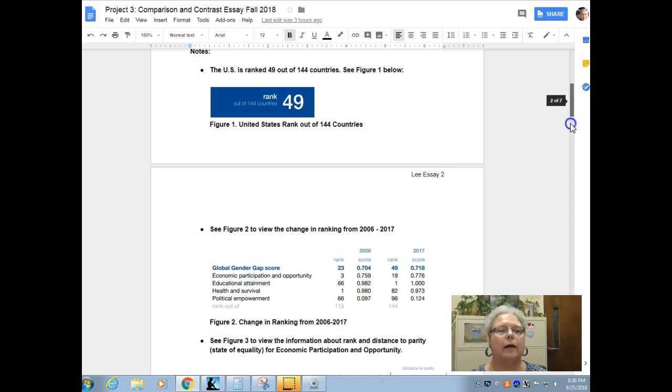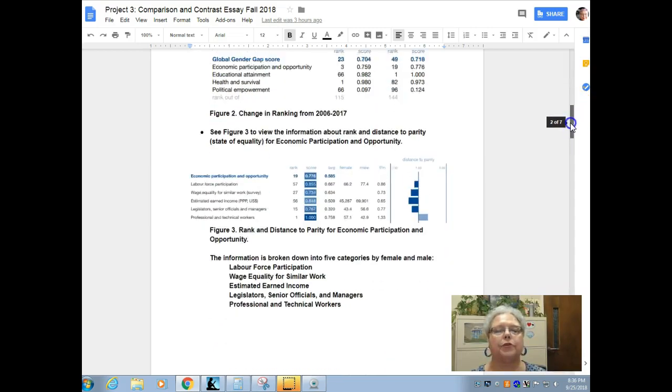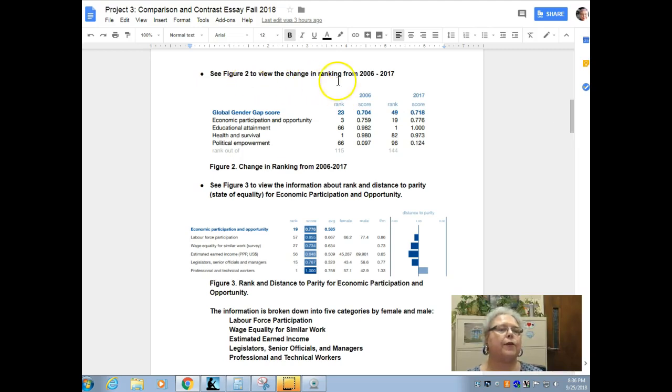And then noticing some other information about the United States, see figure 2 to view the change in ranking from 2006 to 2017. So here's the global gender gap score, ranked 23 in 2006, and we have fallen since 2006 to 2017. Now we're 49th on the gender gap scale.